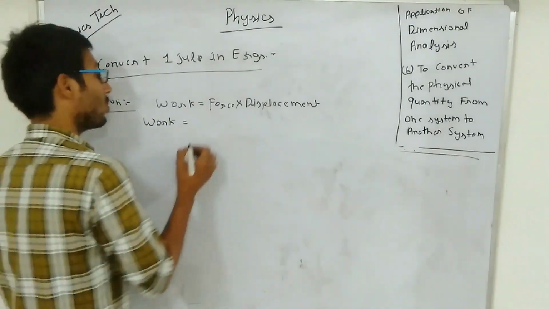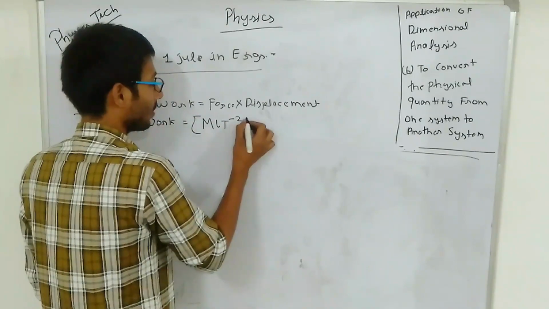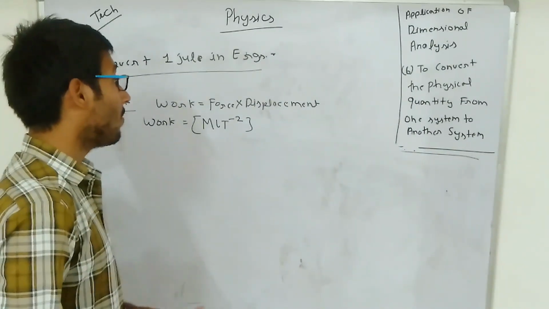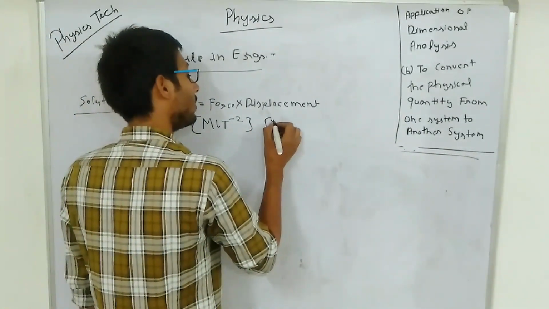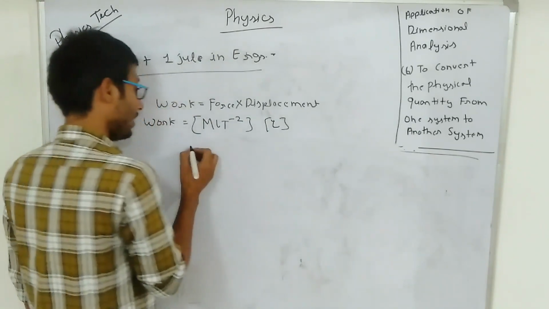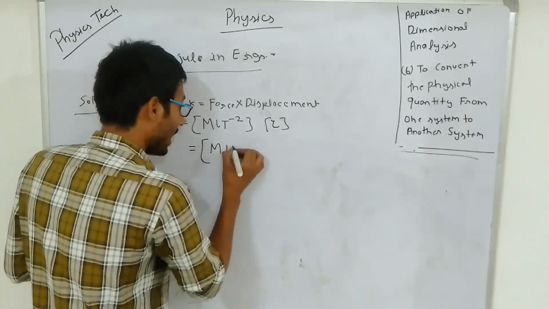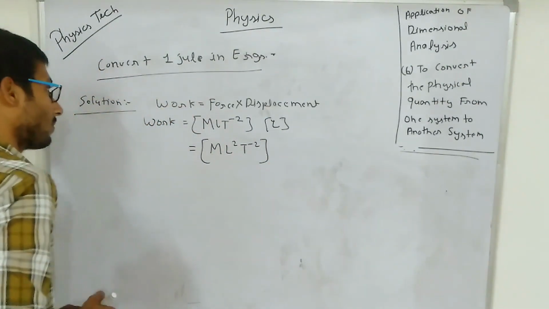The dimensional formula of force is MLT to the power minus 2. What is the dimensional formula of displacement? It is L. Then work is equal to ML to the power 2 T to the power minus 2.